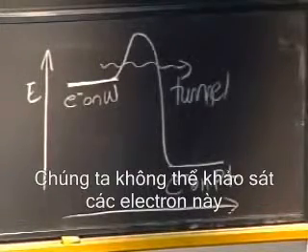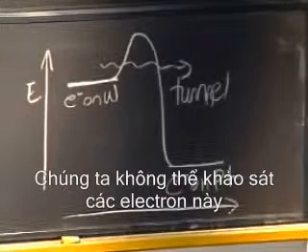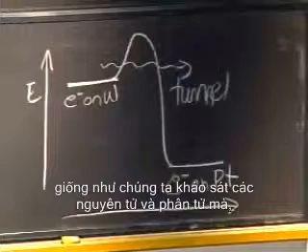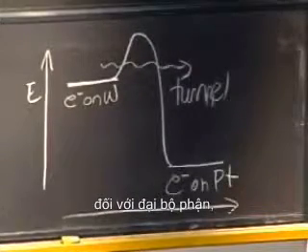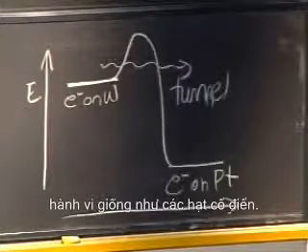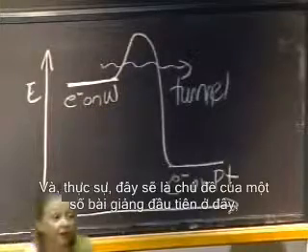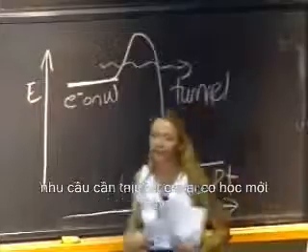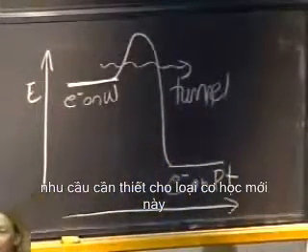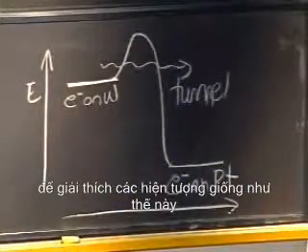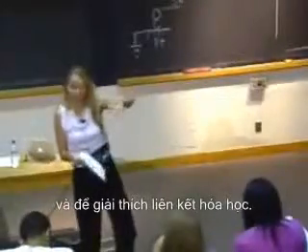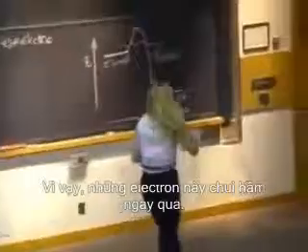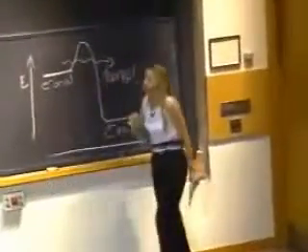We cannot treat those electrons like we treat atoms and molecules, which for the most part behave as classical particles. And actually, this is going to be the subject of the first few lectures here, the need for this new kind of mechanics to explain phenomena like this and to explain chemical bonding. All right? So these electrons tunnel right through.